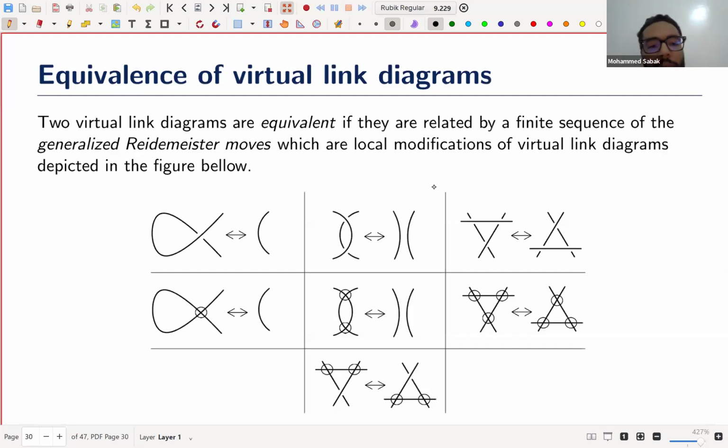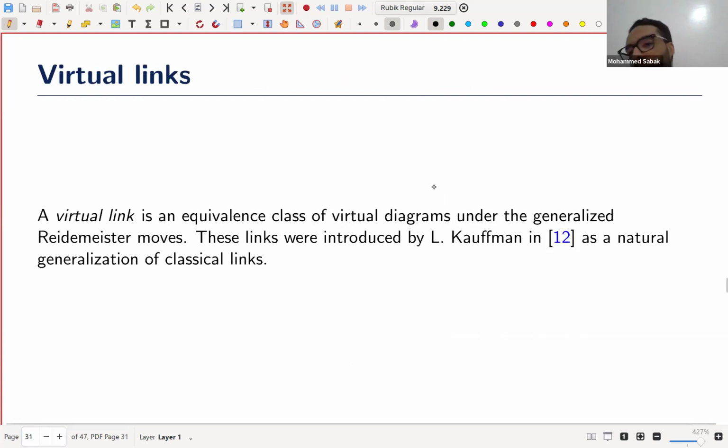We say that two virtual link diagrams are equivalent if they differ by a finite sequence of the generalized Reidemeister moves depicted here below. A virtual link is just an equivalence class of virtual link diagrams under the generalized Reidemeister moves.